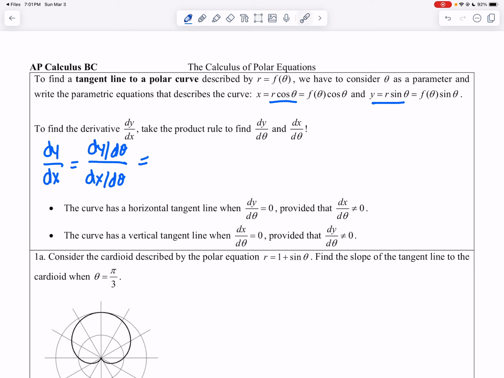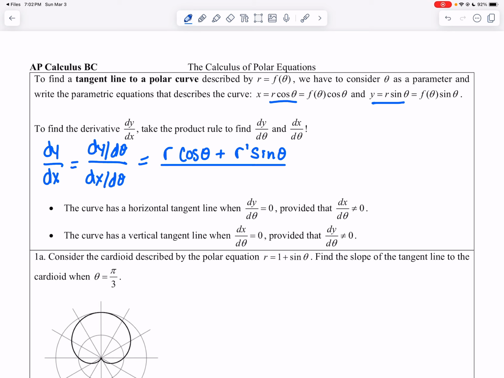So for the first part, whenever I want to find dy d theta, I'm going to do first times the derivative of the second plus second times the derivative of the first. So you're going to get r cosine of theta plus r prime sine of theta.